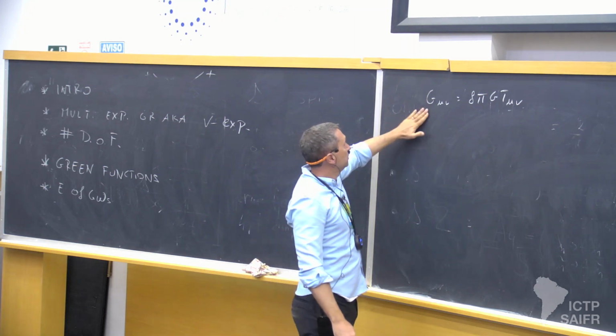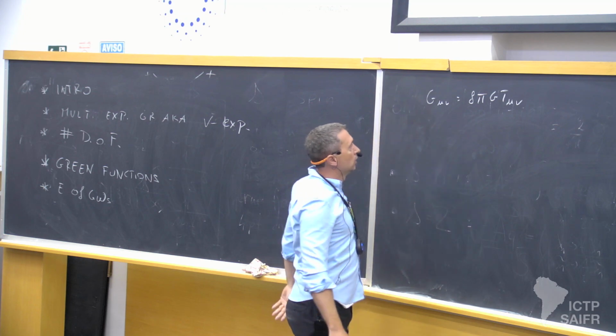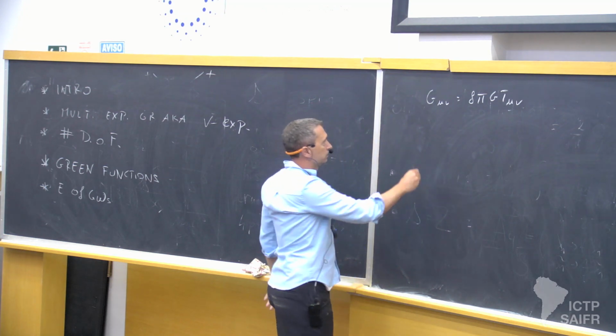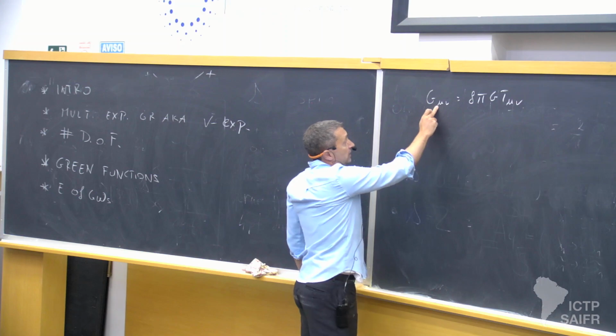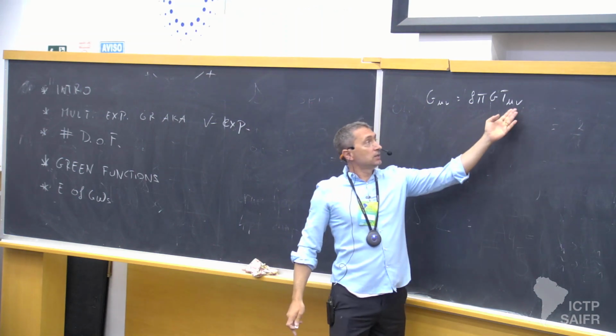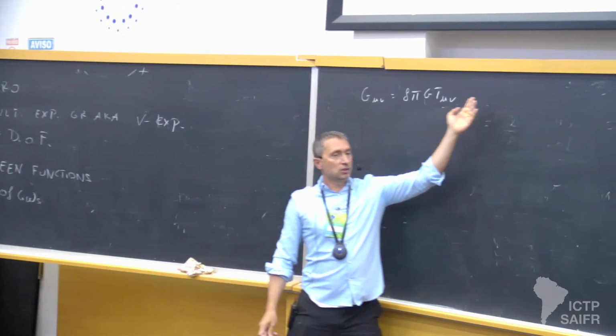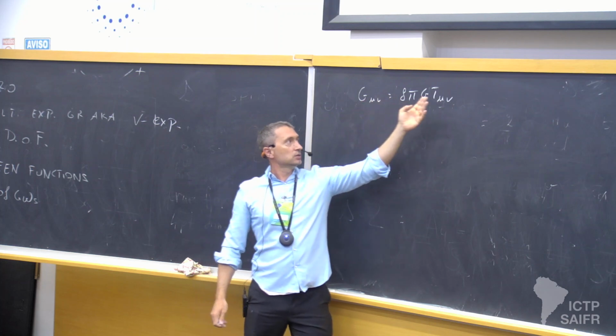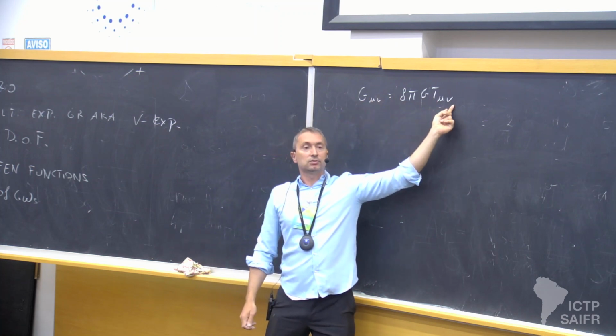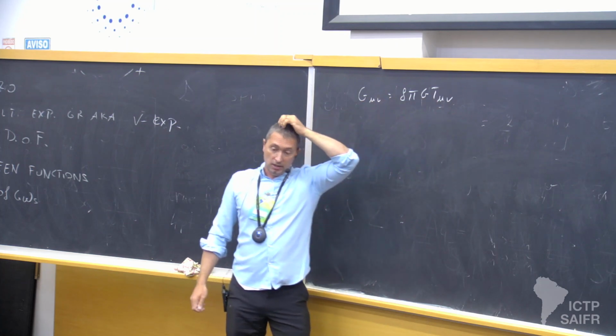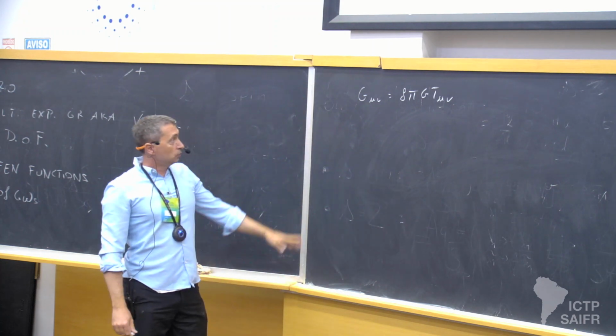So let's not hide the physics to start with, and then we go to the fully fledged Lagrangian. This is the Einstein tensor, and this is the energy momentum tensor. There is a conservation equation: the divergence of this is 0, and the divergence of this is 0. This is a consistency, and this consistency.